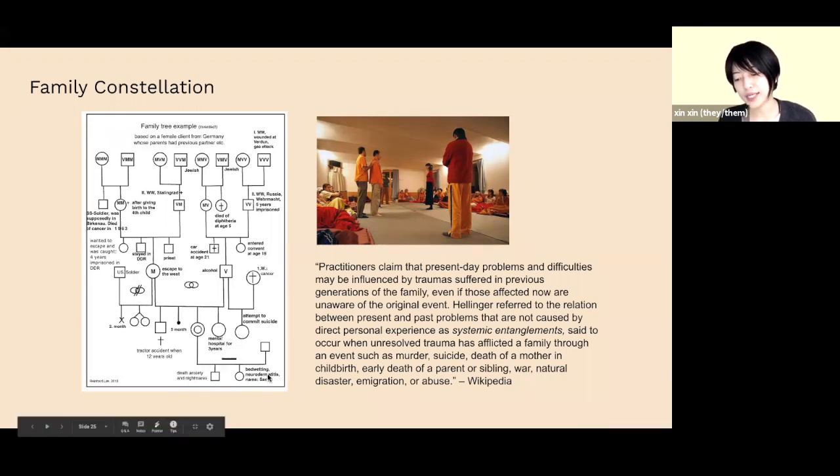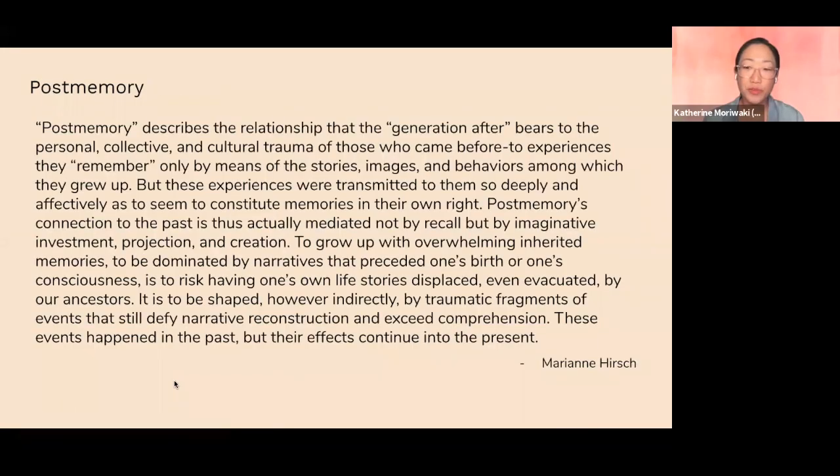Within this practice, it is believed that one approach to getting closer to examining one's trauma is to look into one's history and chart out how trauma has transferred and relates from one generation to another. And then what we'd like to do is bring up this concept of post-memory.